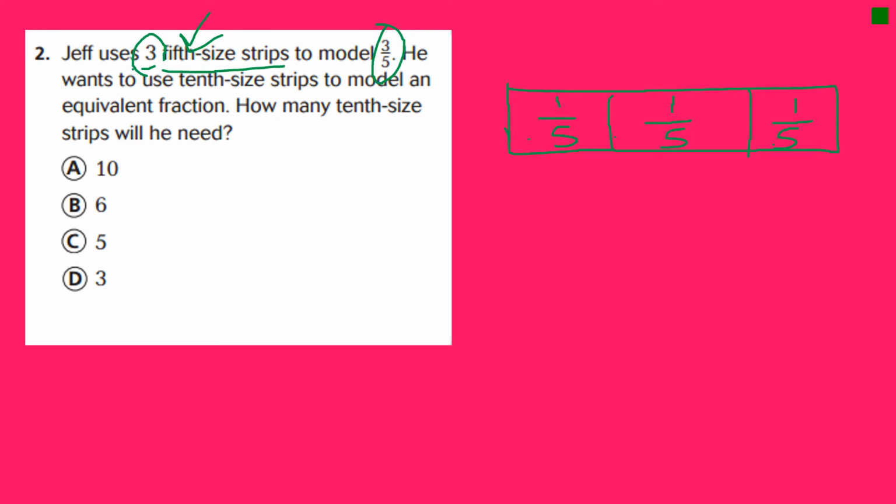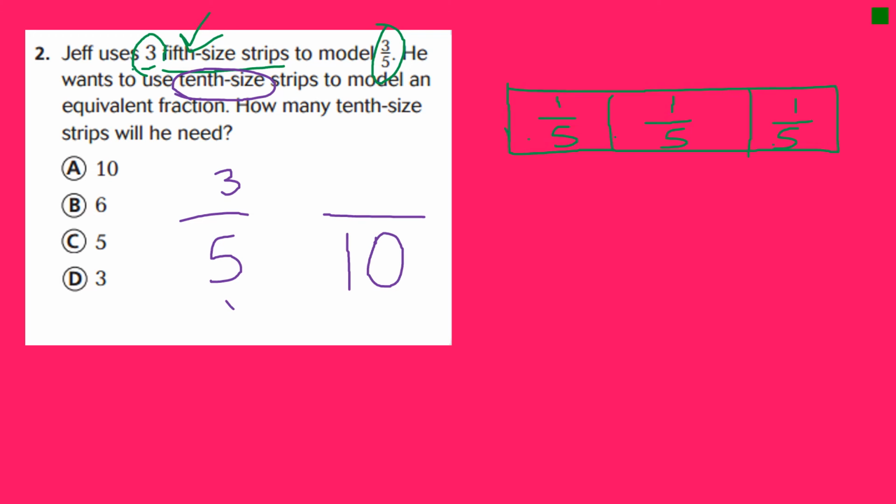He wants to use 1/10 size strips to model an equivalent fraction. So there's 1/10 in our denominator.